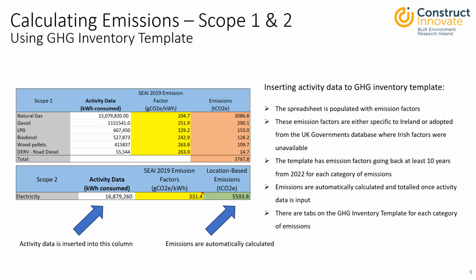These emission factors are either specific to Ireland or adopted from the UK government's database where the Irish factors aren't available. The template has emission factors going back at least 10 years from 2022 for each category of emissions. Emissions are automatically calculated and totaled once activity data is input. There are tabs on the template for each category of emissions.